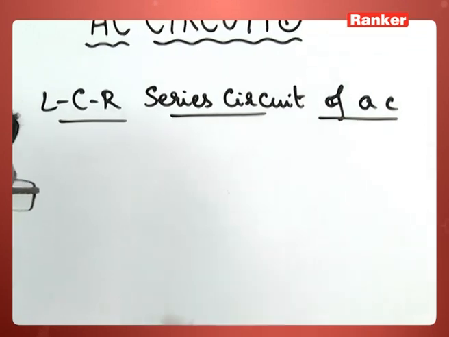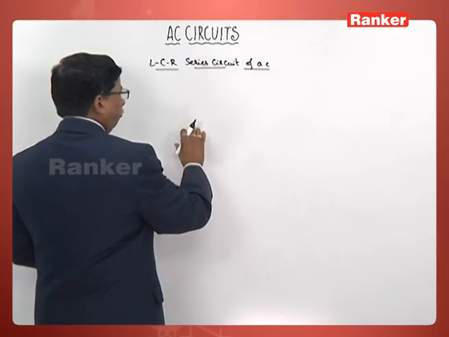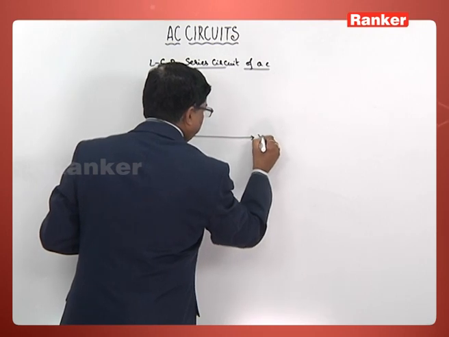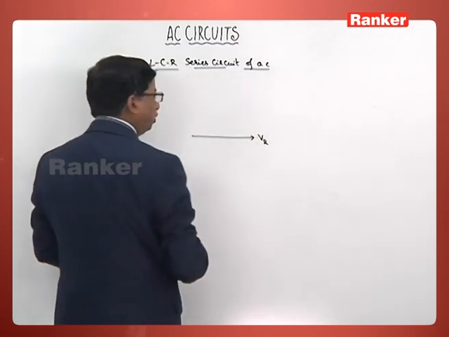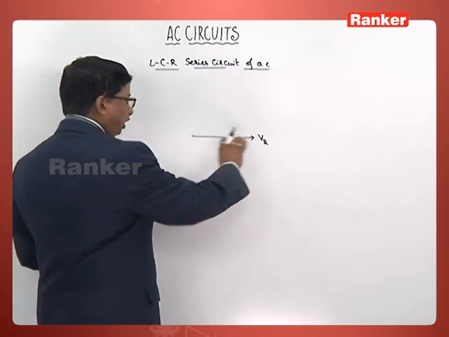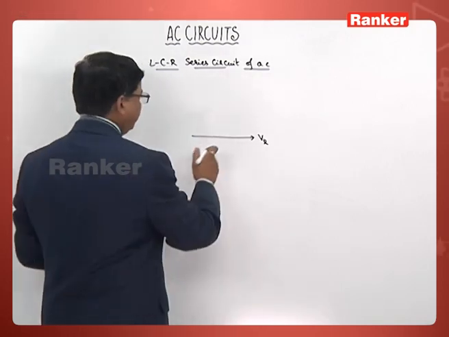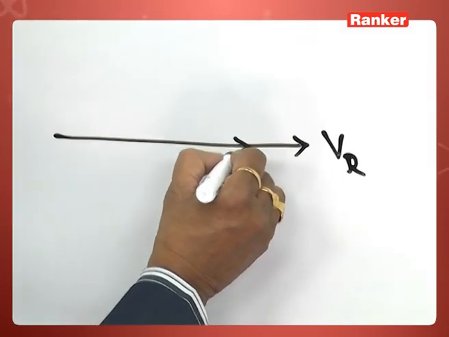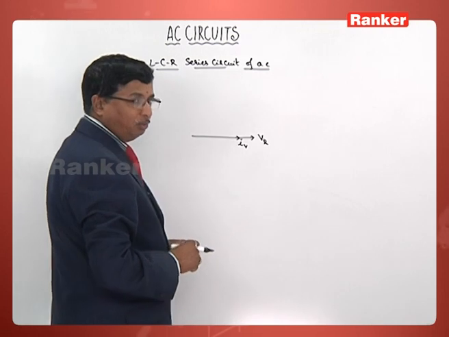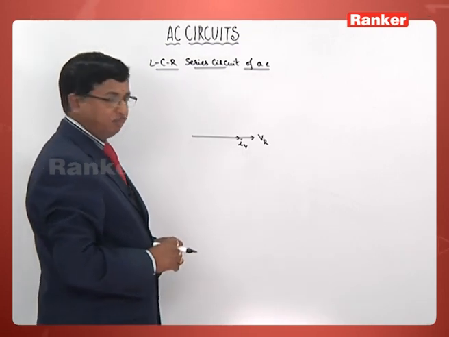In LCR series circuit, we can draw this phasor diagram this way. The value of potential difference across the resistance, if I take along the x-axis, along the same direction we will be finding the virtual value of current also.